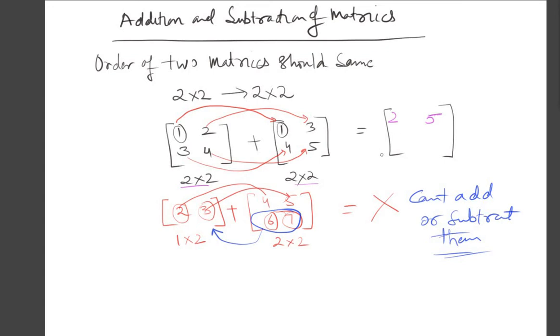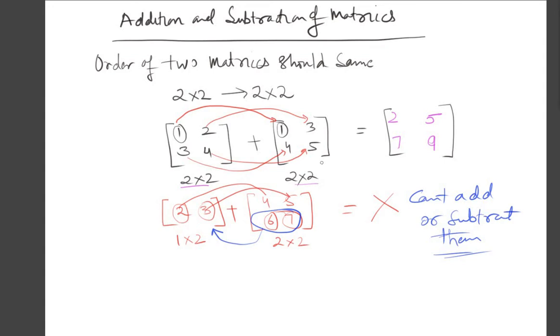Great. Give me A21. 7. Awesome. Give me A22. 9. Yes, that is 9. So you see, that is how you add two matrices.